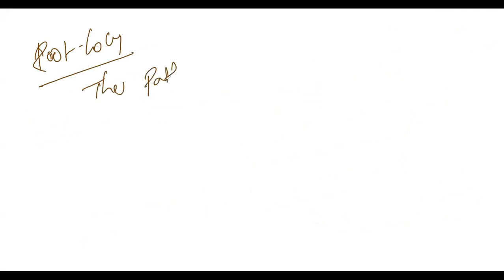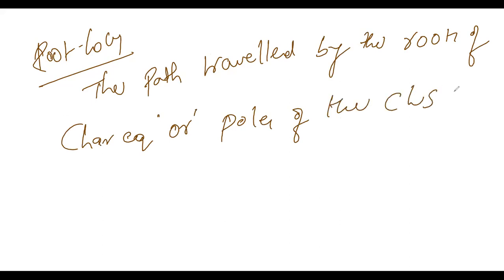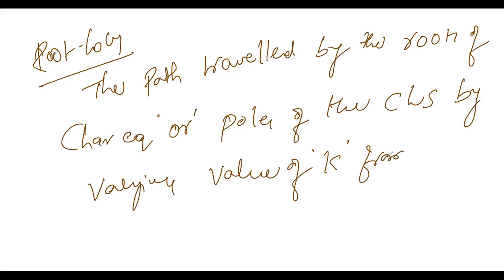Finally, the definition of the root locus is nothing but the path traveled by the roots of the characteristic equation, which are poles of the closed loop system, by varying the value of K from 0 to infinity.